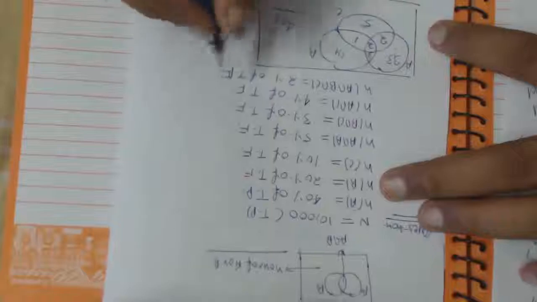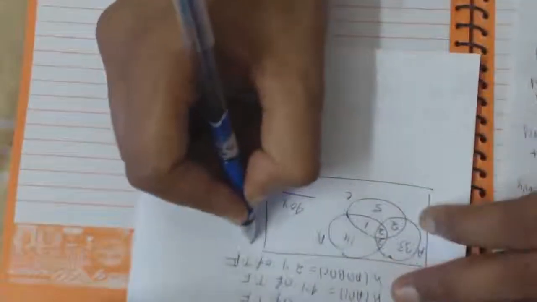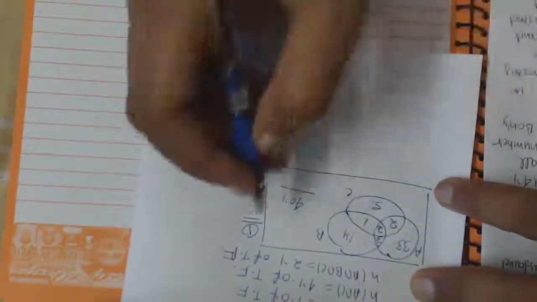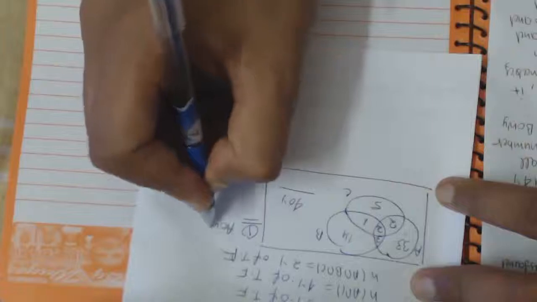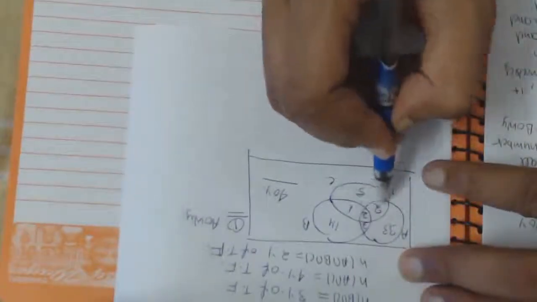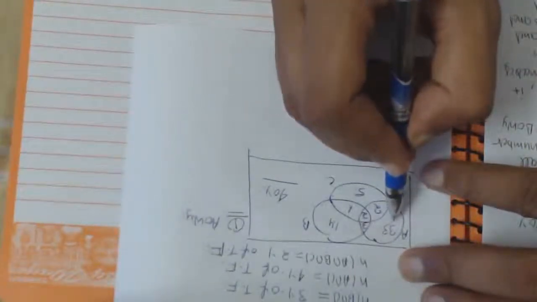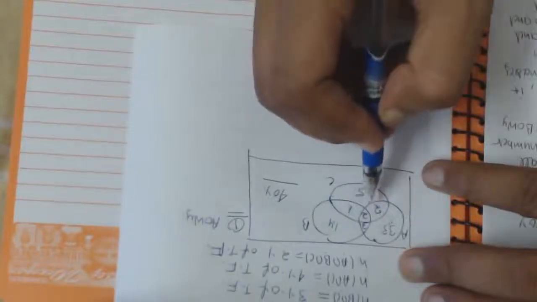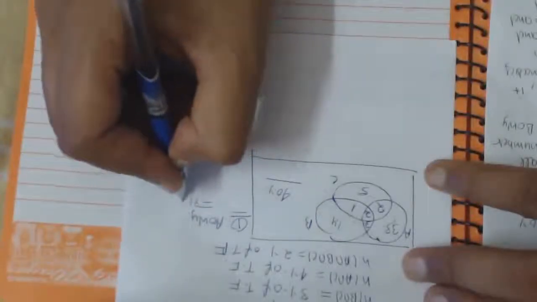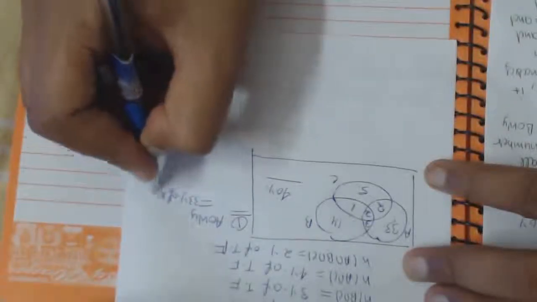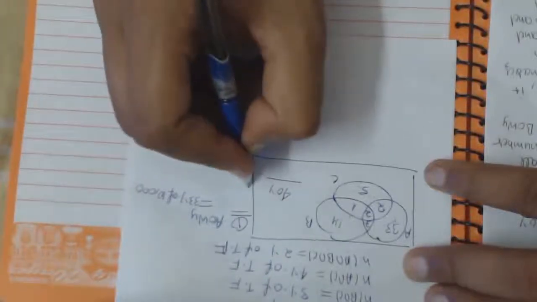So in the given question, they are asking us the number of families buying A only. So this is A and this is A only, because this 33 is not common to B or C. So A only is 33% of 10,000.